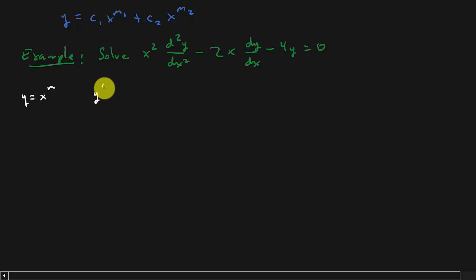So y prime is m x to the m minus 1, and y double prime is equal to m times m minus 1 times x to the m minus 2. We plug x to the m in for y, and then we need y prime, which is this, and then we need y double prime, which is this.